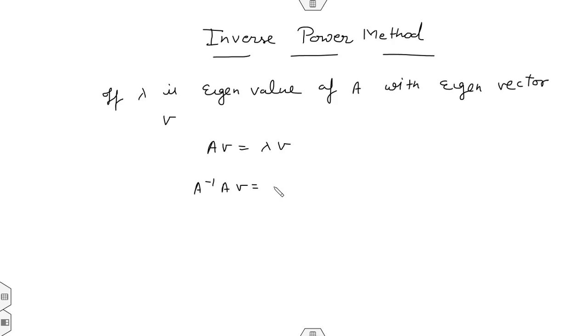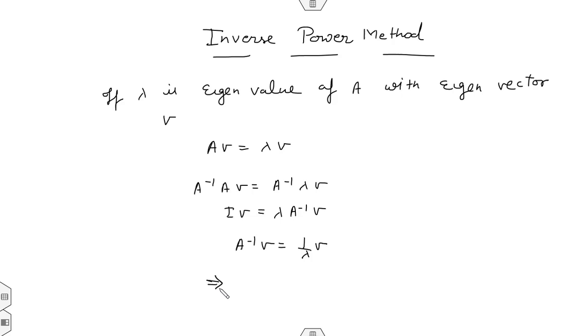Then we get V equal to lambda A inverse V, since lambda is a scalar that we can take outside. Finally, we can write A inverse V equal to 1 upon lambda V.